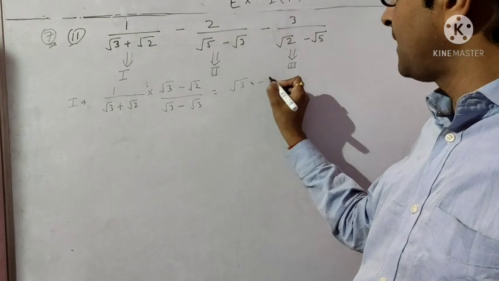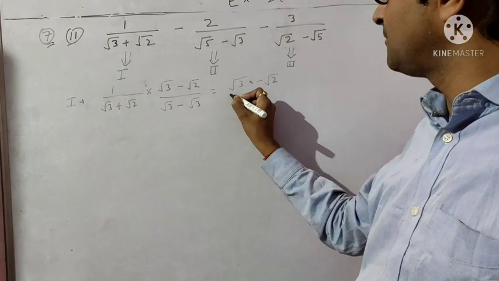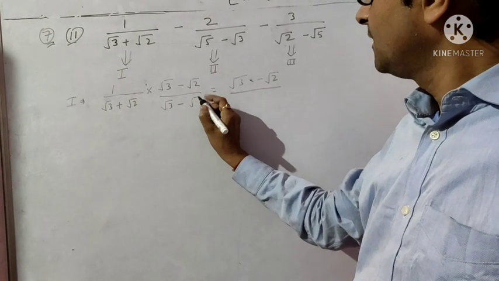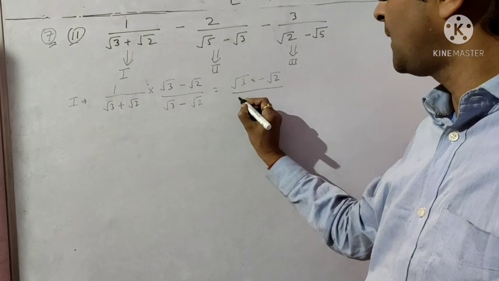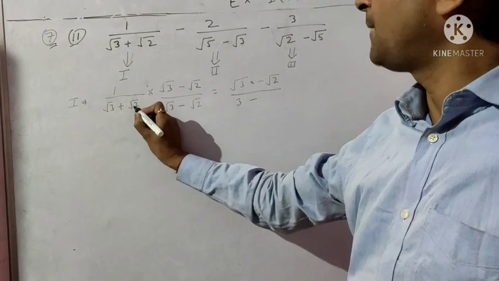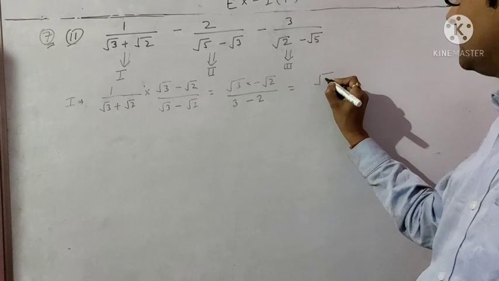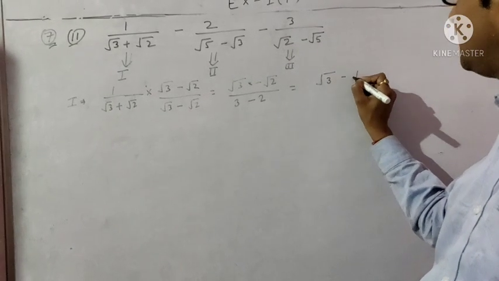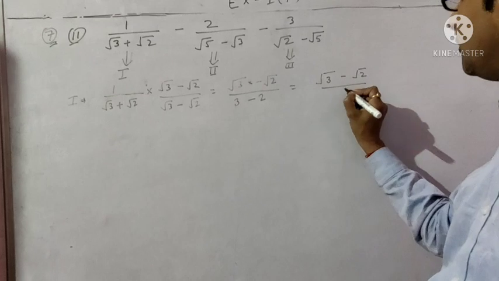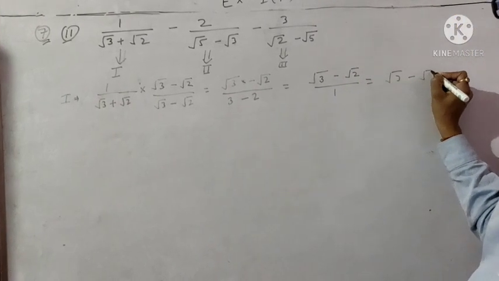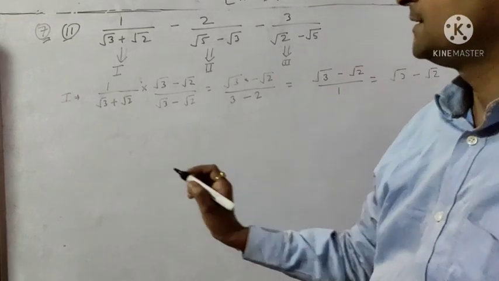Here root 3 minus root 2 divided by root 3 whole square. Root 3 whole square is 3 and minus root 2 whole square is 2. So finally student, the first term value is root 3 minus root 2 divided by 1. Then finally root 3 minus root 2. This is your first term.